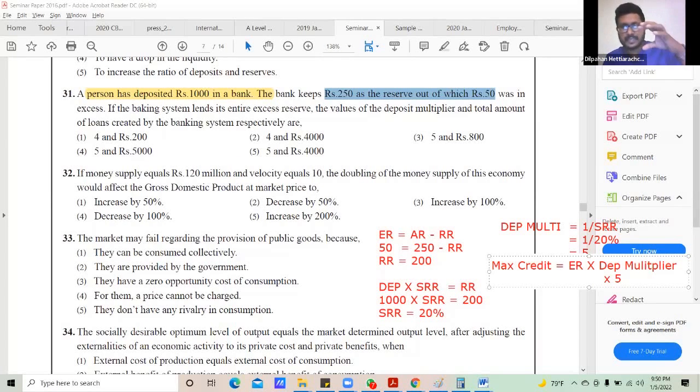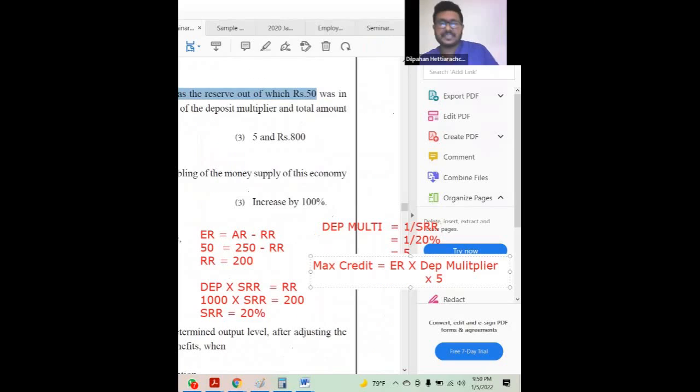Out of that 1,000, how much does the bank need to keep with them? 250? No. The whole 1,000? No. How much? 200. Why? Statutory reserve ratio is 20%. The remaining 800, they can do whatever they want with. Yes. What is the excess reserve then? The remaining 800.